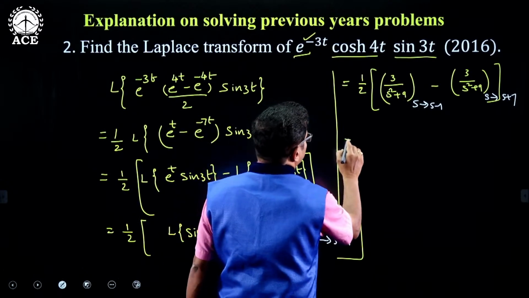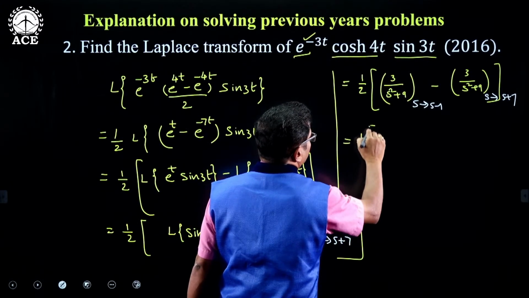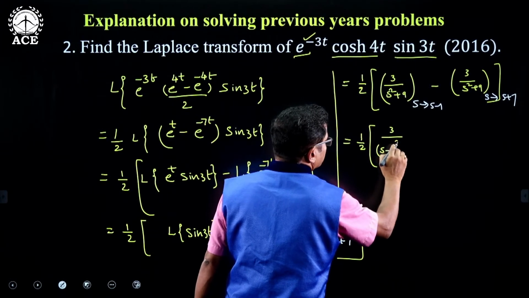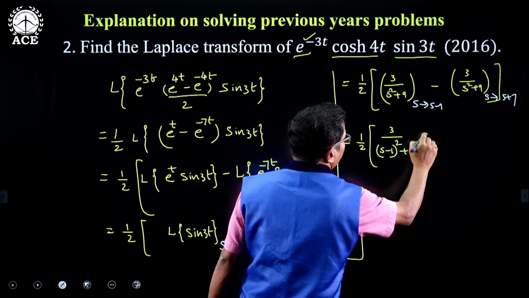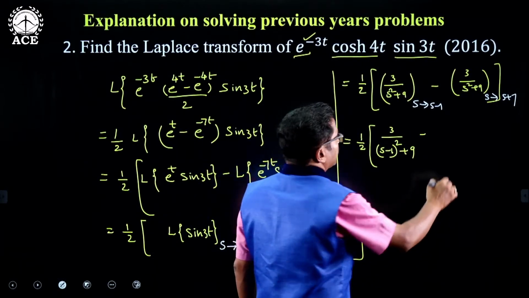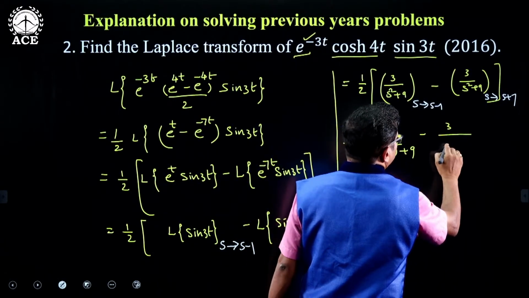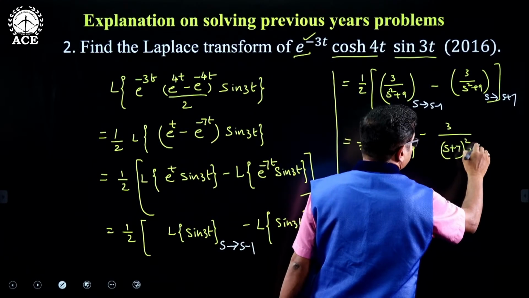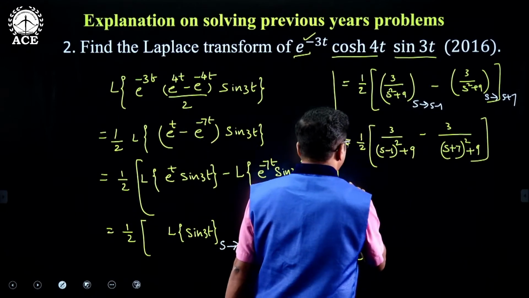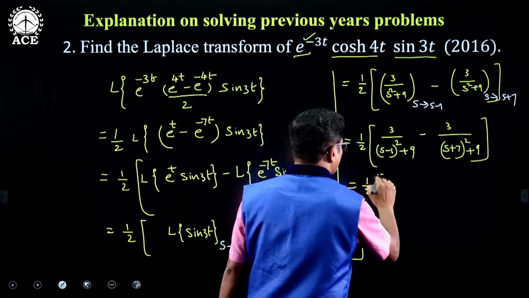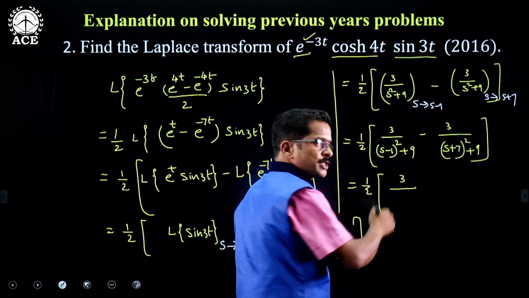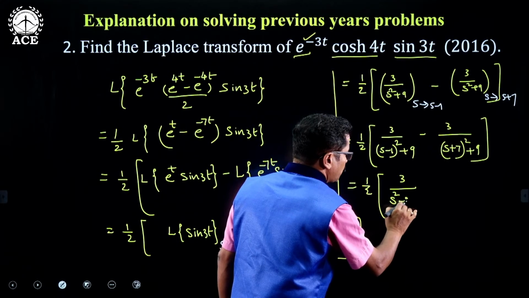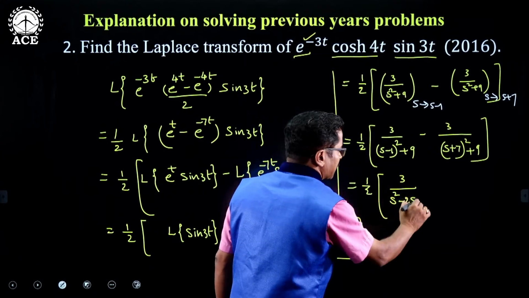So which is equals to 1 by 2, 3 by s minus 1 whole square plus 9 minus 3 by s plus 7 whole square plus 9. So which is equals to 1 by 2 into 3 by s minus 1 whole square means s square minus 2s plus 1 plus 9 means plus 10.